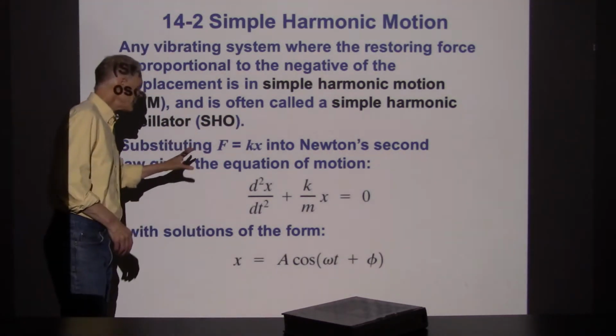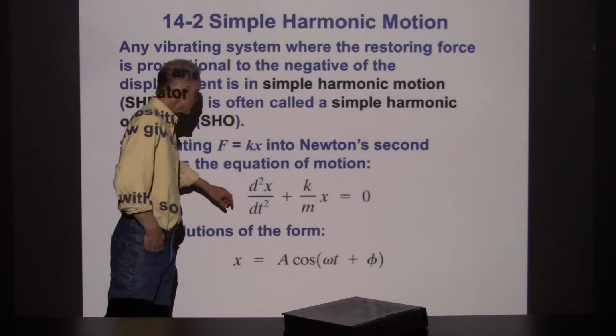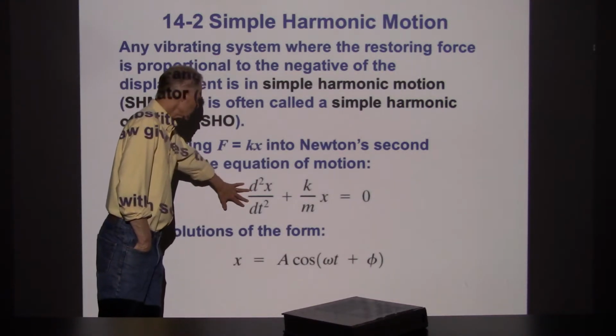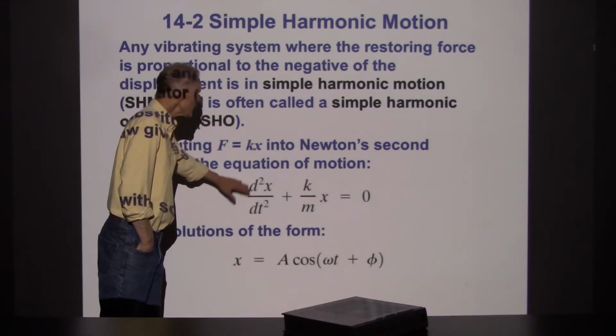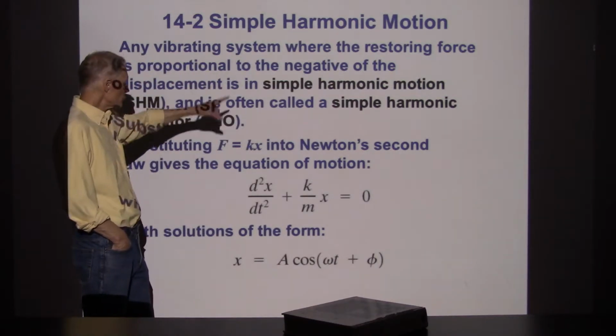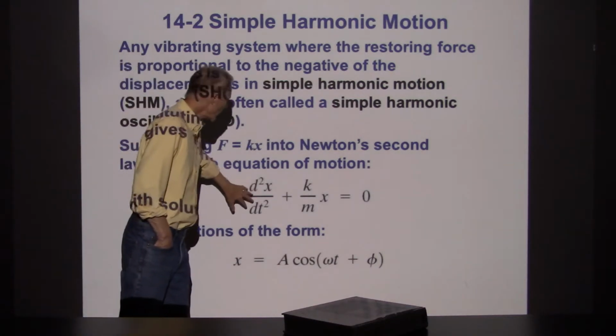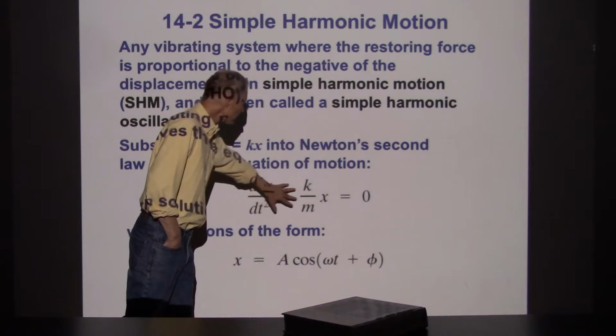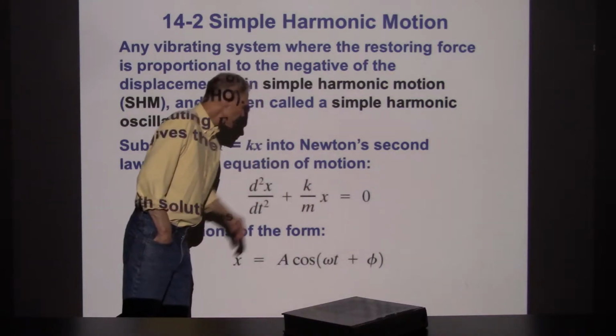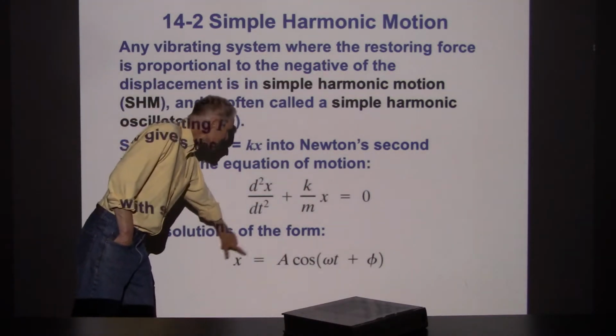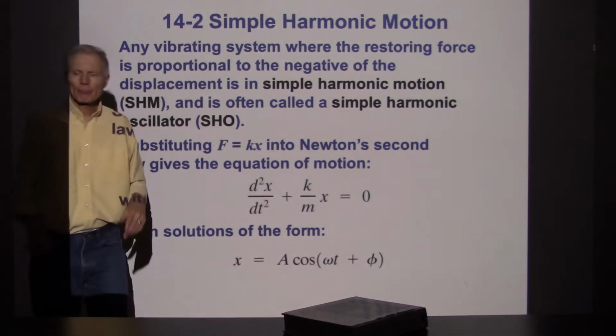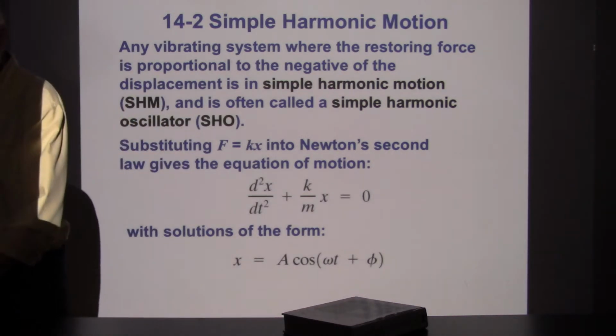Now, what they've got here, don't panic about this stuff. This is the acceleration, and they're saying that when we take this force, we end up with a formula that says the acceleration plus k over m times x equals 0, where x is a function. Let's see where that comes from.